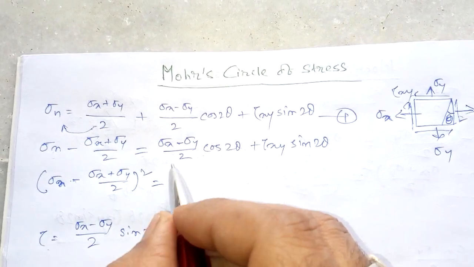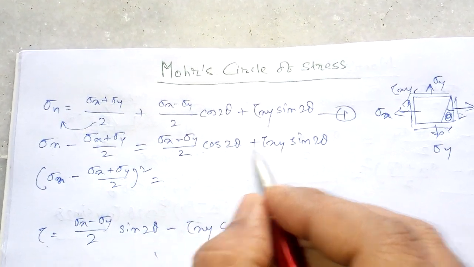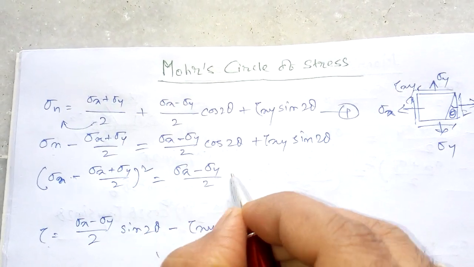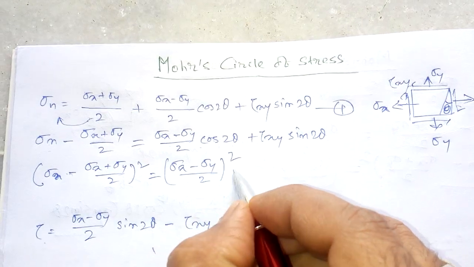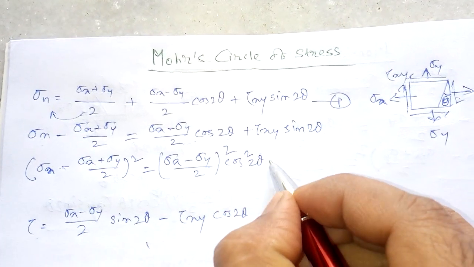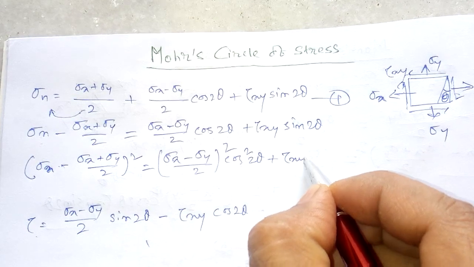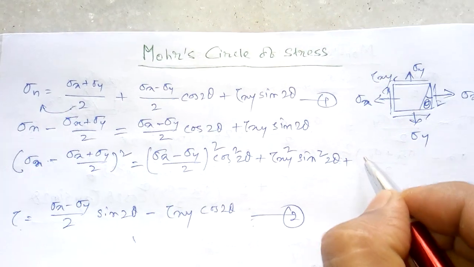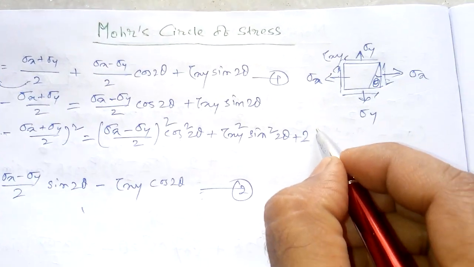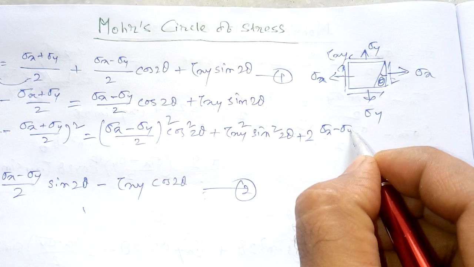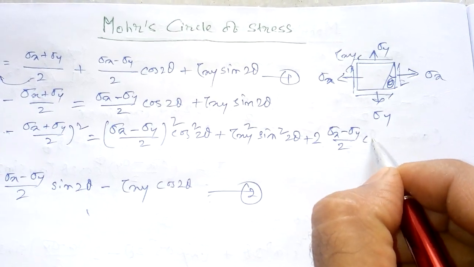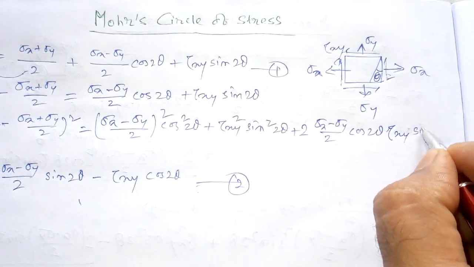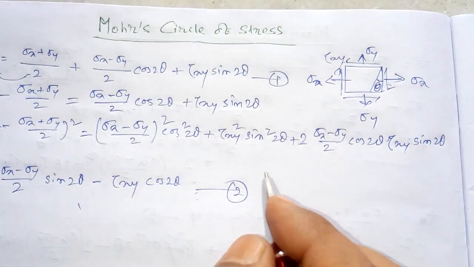If we expand it using (a plus b) whole square, we will get a square plus b square plus 2ab, that is 2 into (sigma x minus sigma y) by 2 cos 2 theta and tau xy sin 2 theta, right?